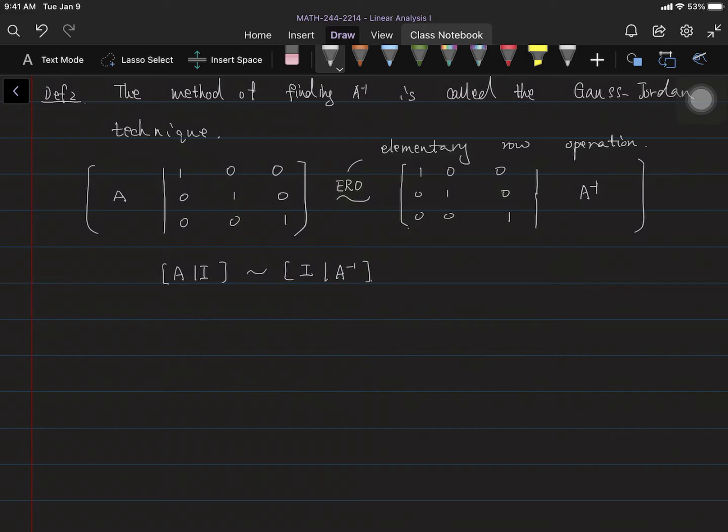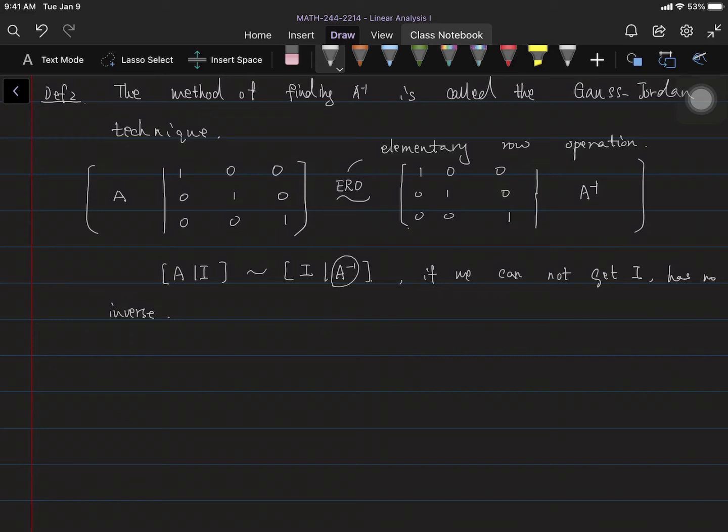So this is how we find the inverse matrix. And if we cannot get I on the left side, then this matrix has no inverse. If A has an inverse, the left side can be reduced into the identity matrix.